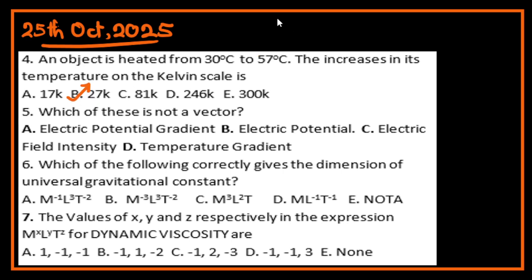Now, let me explain. We have 30 degrees Celsius and 57 degrees Celsius. So, in degrees Celsius, the change in temperature is 27 degrees Celsius. But the change in temperature in degrees Celsius is exactly a change in temperature in Kelvin.